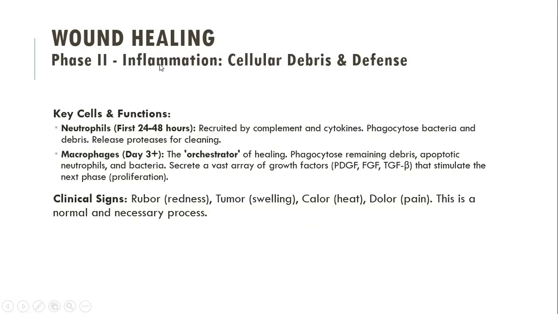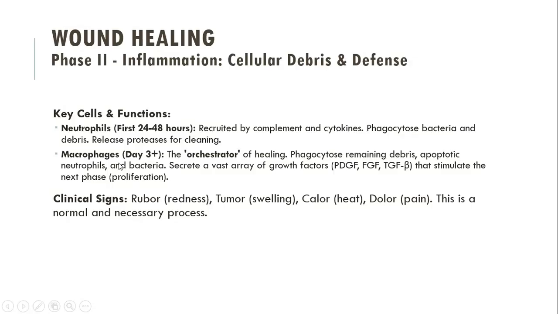The next phase is the phase of inflammation, that is cellular debris and defense. Key cells in this phase are neutrophils and macrophages. Neutrophils are important in the first 24 to 48 hours, and they are recruited by complement and cytokines, and they phagocytose the bacteria and debris.